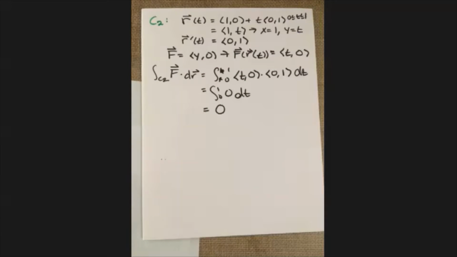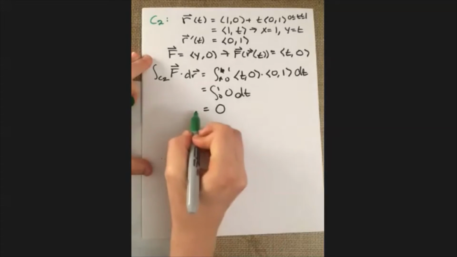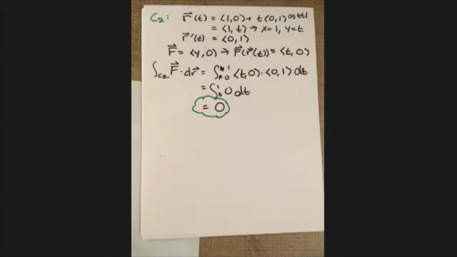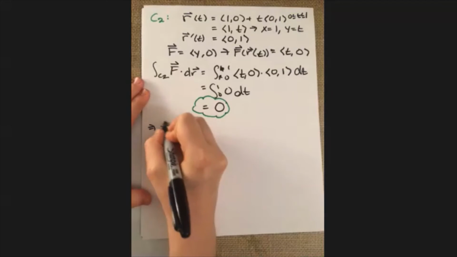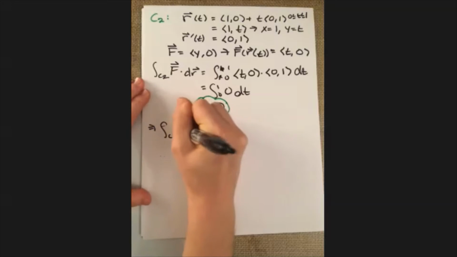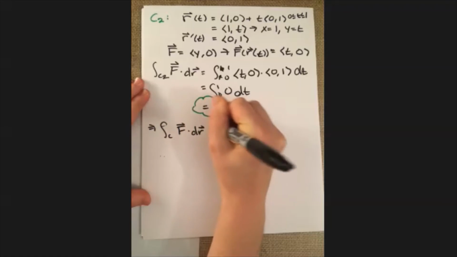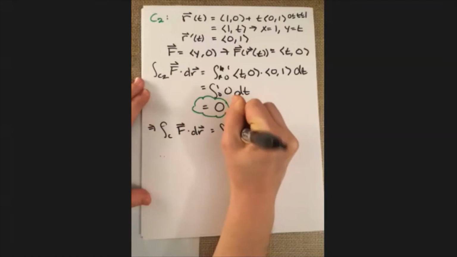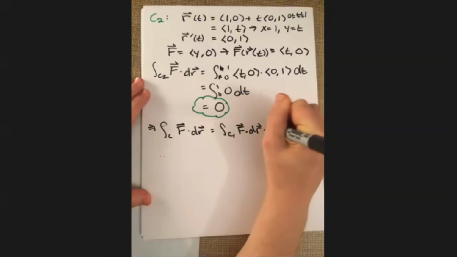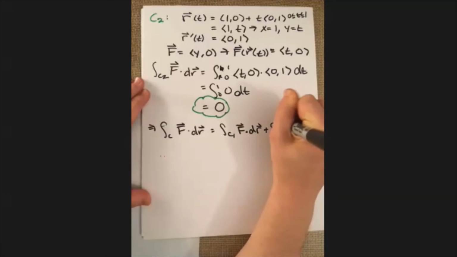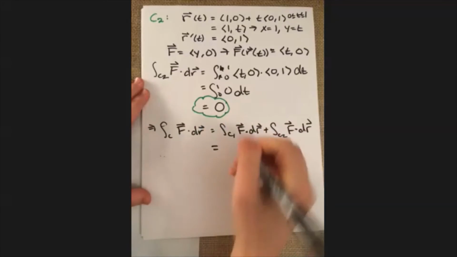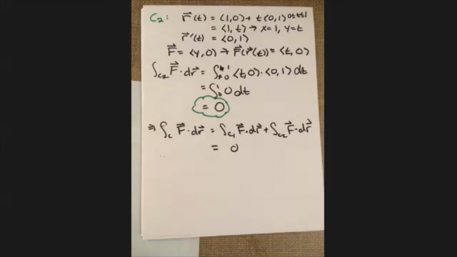So that was my second component. This means that my integral over the whole curve of f dot dr, which was equal to the integral over C1 of f dot dr plus the integral over C2 of f dot dr, is equal to, well, just 0.